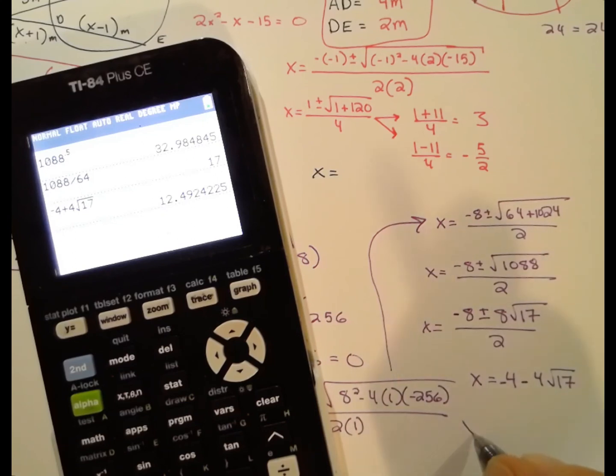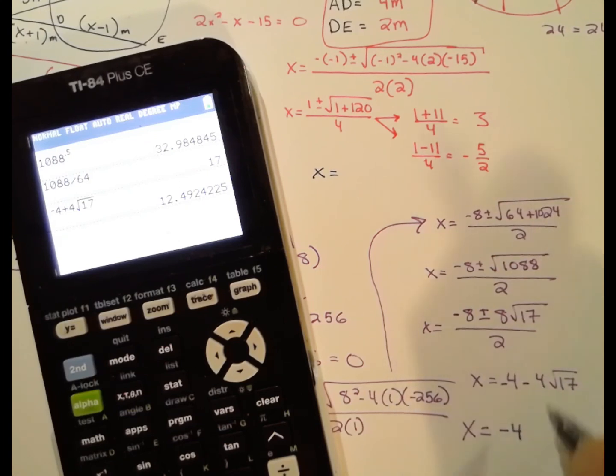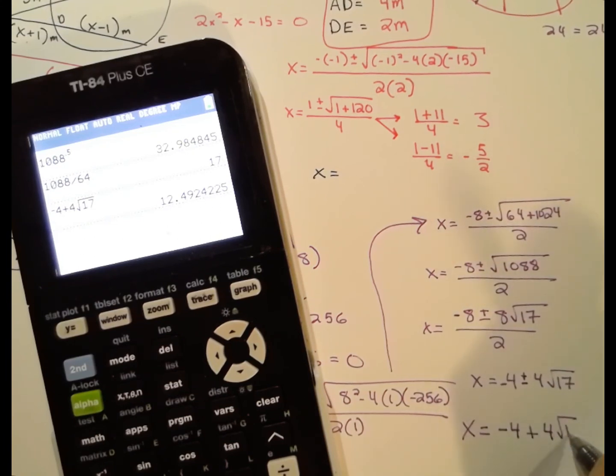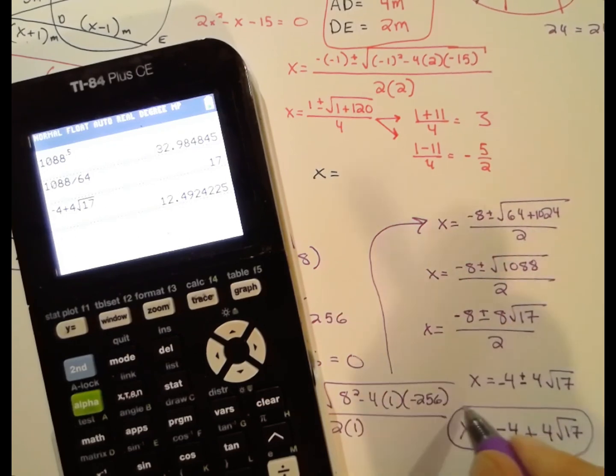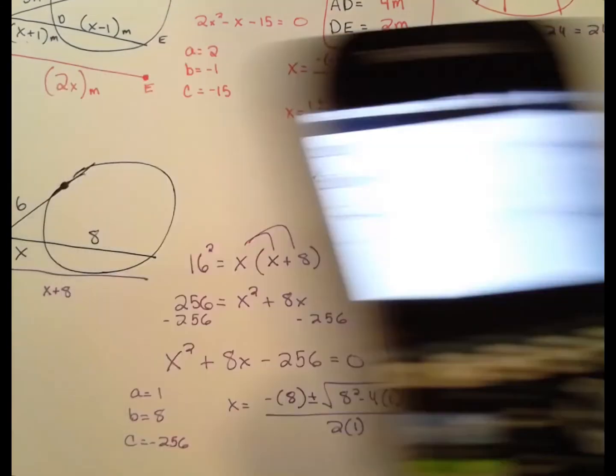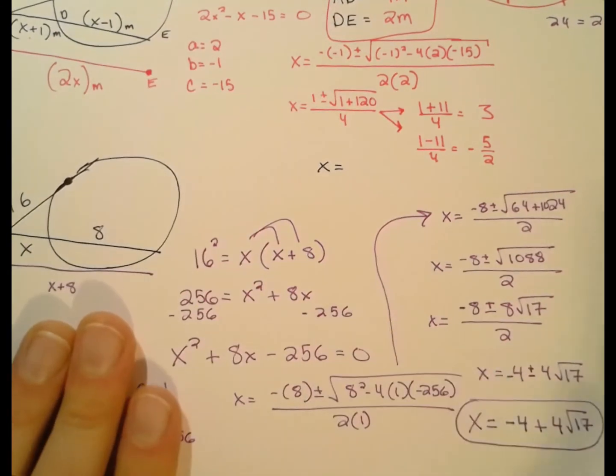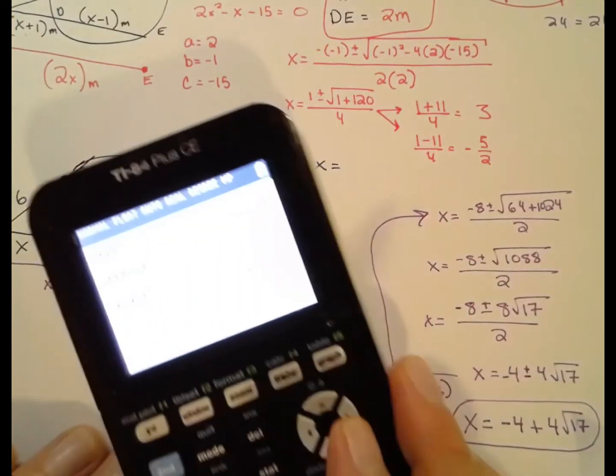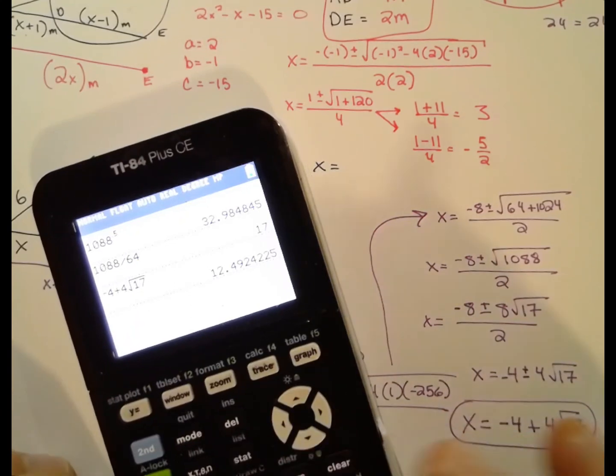So our actual answer is actually only negative 4 plus 4 root 17. All right.